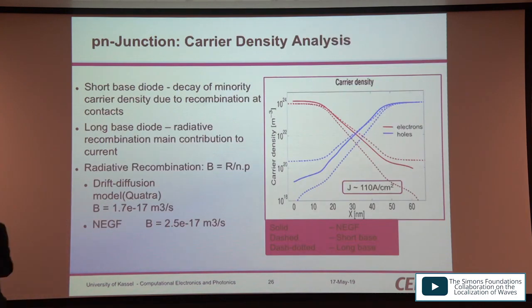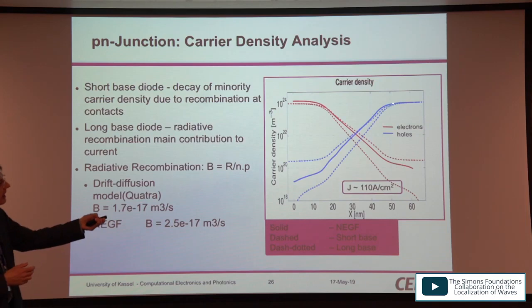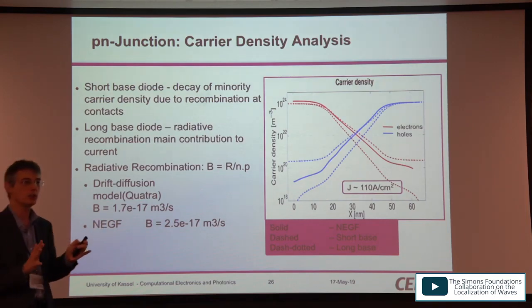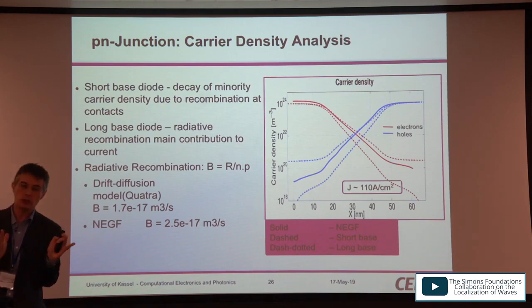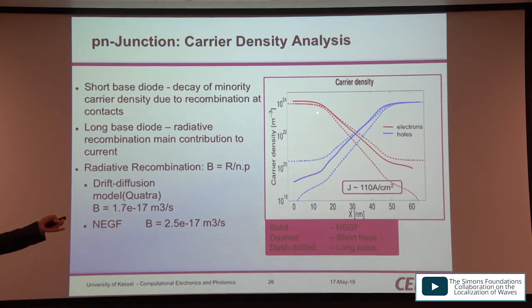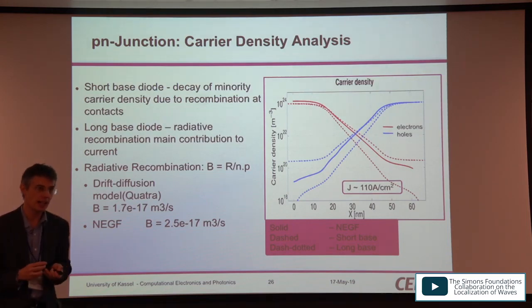And if we look at the carrier densities, it's the same. The dashed carrier densities come from a drift diffusion solver, and the solid lines come from the NEGF method. So we're somewhere in between the long and short base regime, which made us happy because we have realistic results for this type of PN junction.